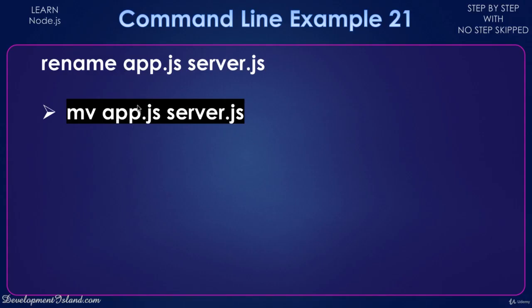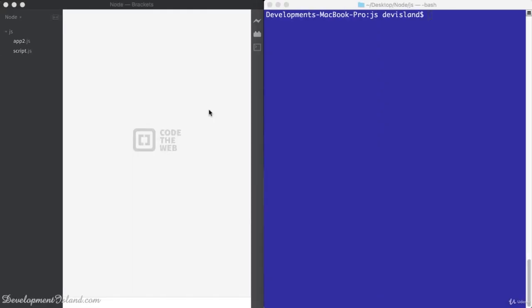All right, now let's move to the next example. We can rename a file by moving it inside the same folder using a new name. So we're going to rename app.js server.js. So our app.js file is inside the JS folder. So at the moment we are inside the JS folder.